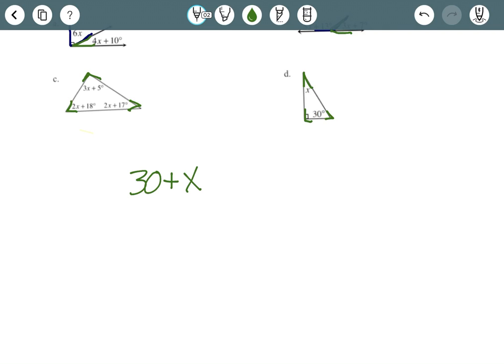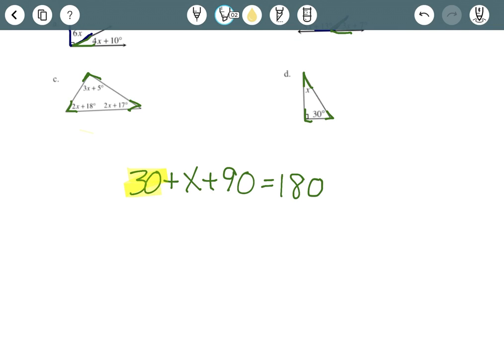And then we have that box in the bottom left of this triangle. That's a right angle symbol. And if you don't know, a right angle is 90 degrees. So we're going to add all 3 and set it equal to 180, right? Because just like part C, we know all 3 angles, no matter what their measurement is, add up to 180 degrees.